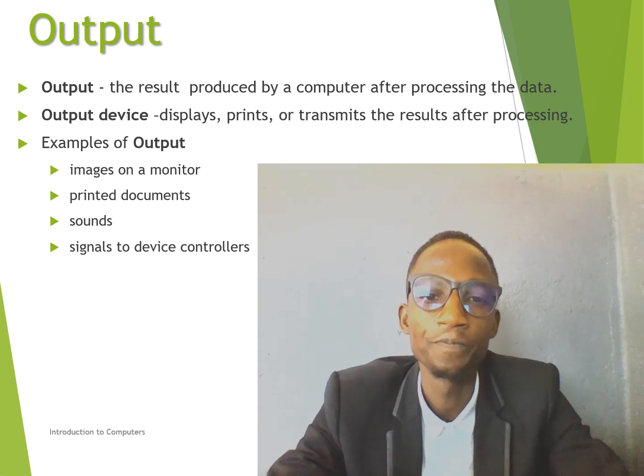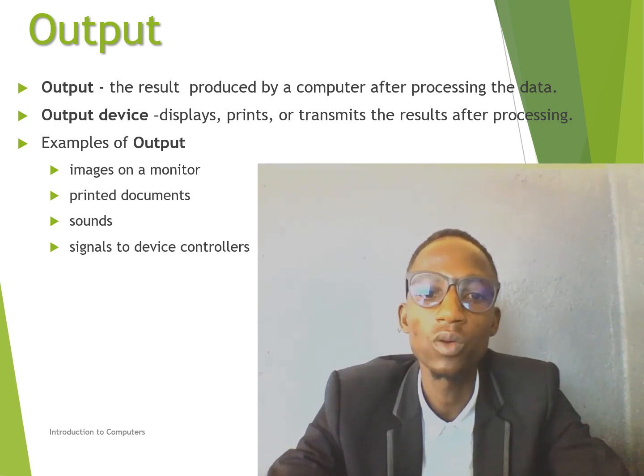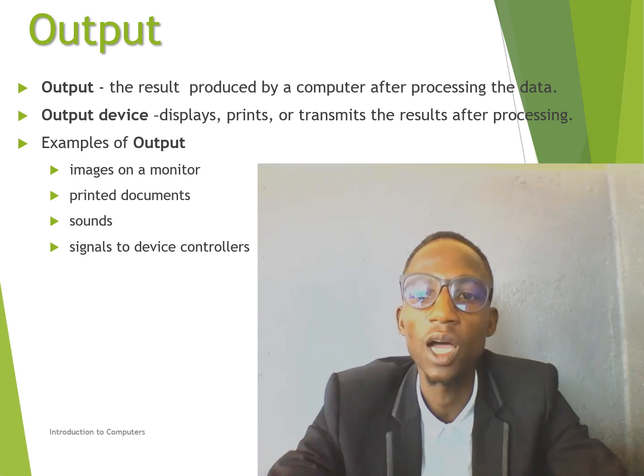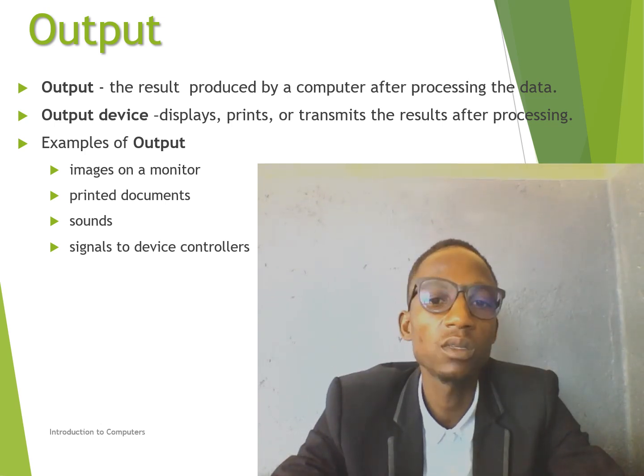For example, you are doing simple calculations maybe in Excel. You are punching the formulas, and you want to receive the calculations displayed right there on the screen. So these are devices that display or print or transmit the results after processing. An example of a device that can print output or information is printers, etc.